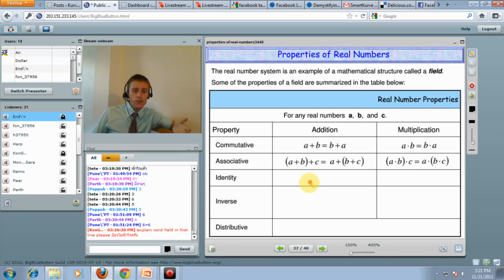The word field is just referring to all of that. The real number system is an example of a field. So all real numbers is an example of the mathematical structure called a field.